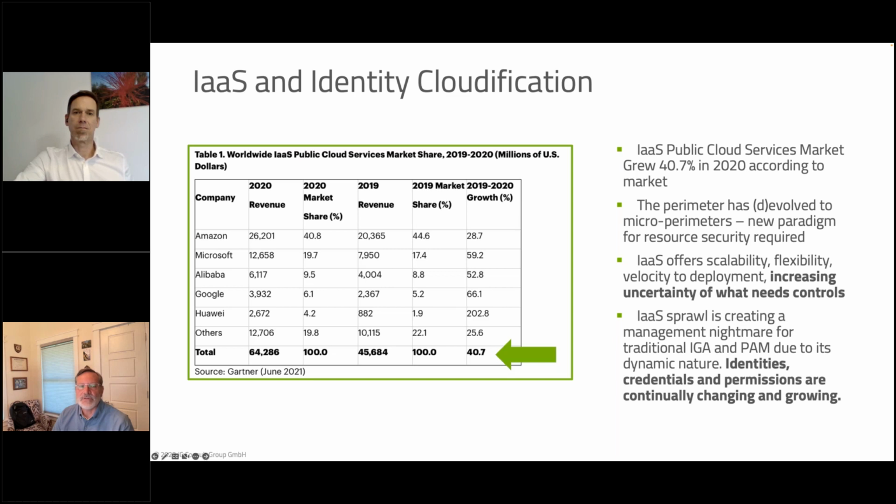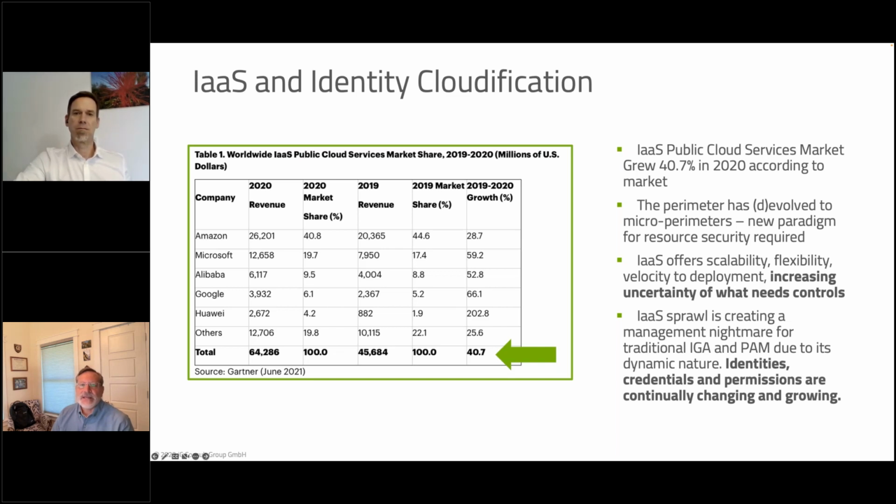That means that people are truly involved in using, they're seeing the benefits of using the cloud for their infrastructure. So again, this perimeter of the enterprise is devolving to micro perimeters. And so we have to come up with a new paradigm for addressing our security for these resources.